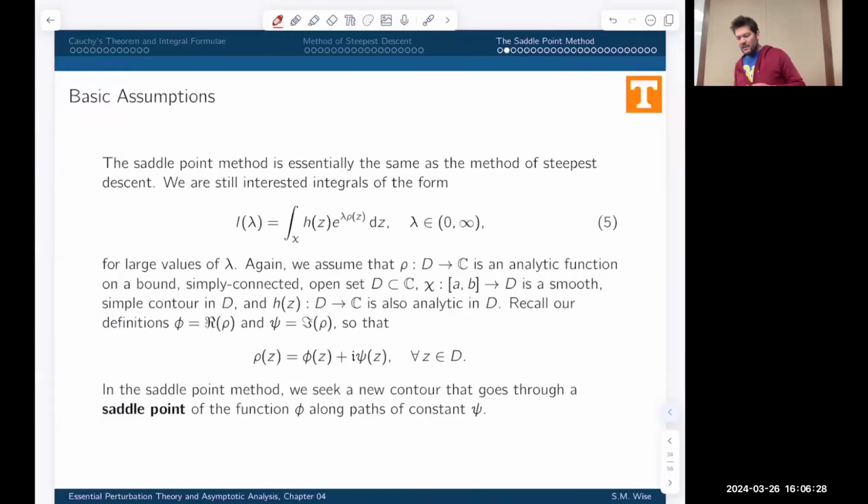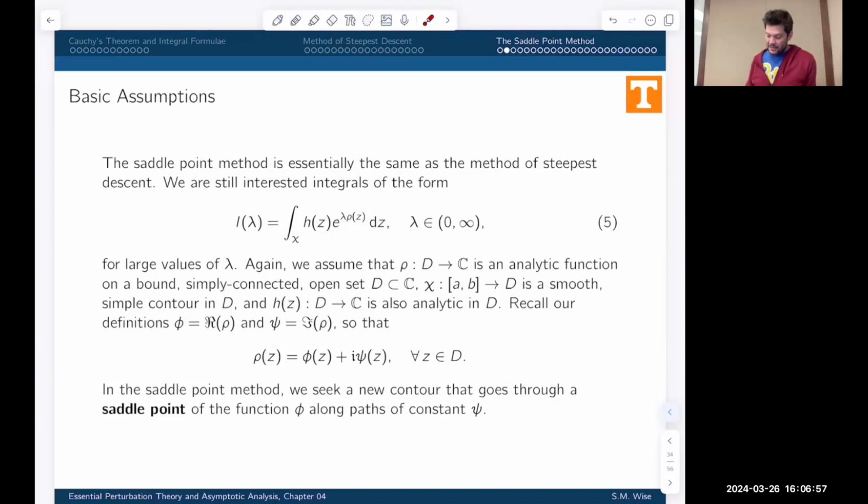I think all of the methods that we've had so far have dealt with integrals that have kernels or integrands which look like this. Some exponential portion to the power lambda, where lambda is a large parameter, and then some other function that we have to deal with. This is the same type of integral that we considered in the steepest descent case.